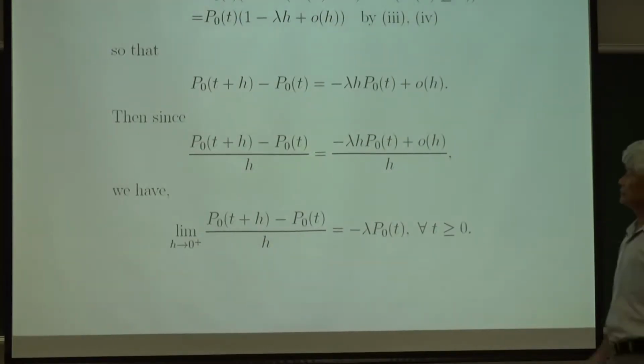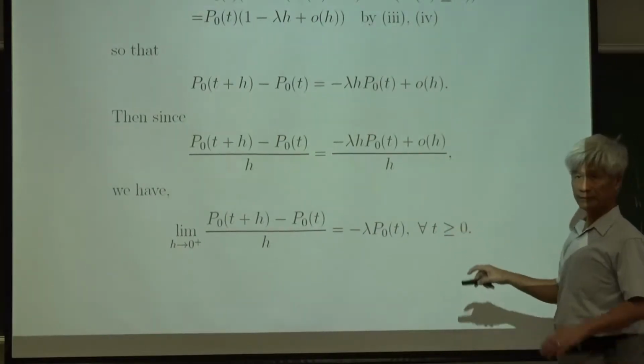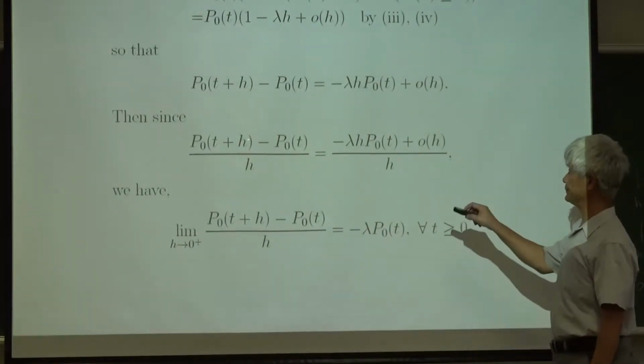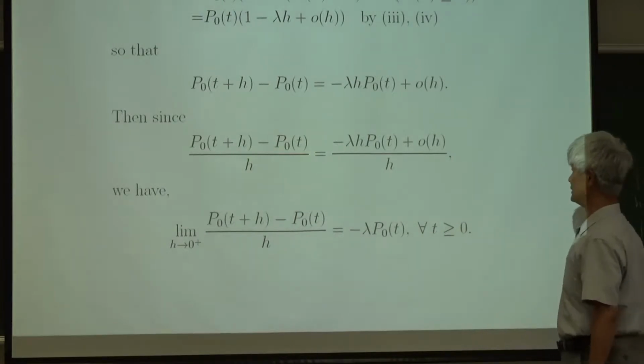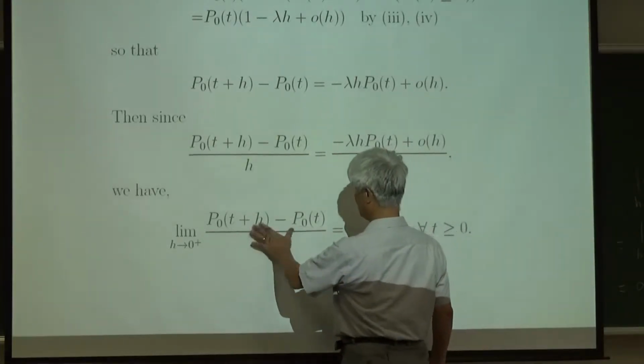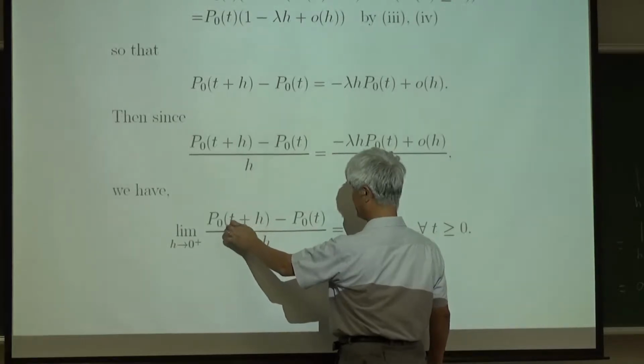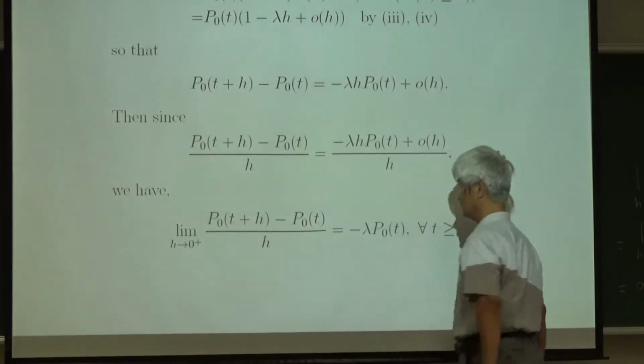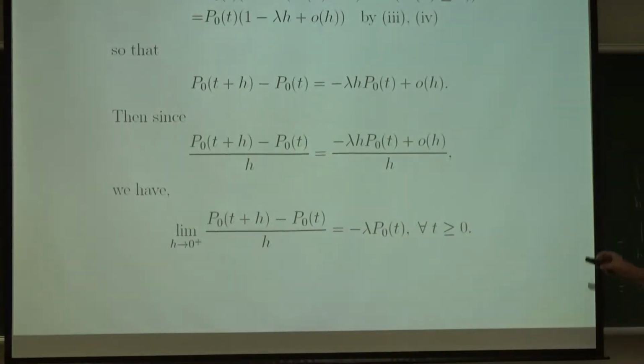Now, as h goes to 0 from the right hand side, the one-sided derivative of P0(t) exists, and it is equal to this quantity.